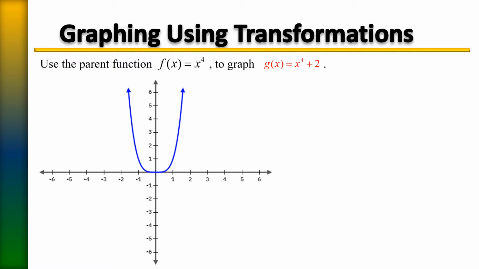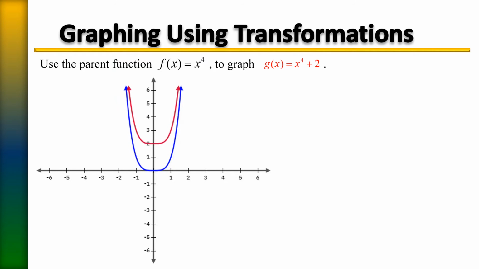If it's positive, you shift it up that many units, and if it's negative, you shift it down that many units. So in this case, we're going to shift this function up 2 units. So our new function g of x is going to look like so. And again, it's the same graph, but simply shifted up 2 units.